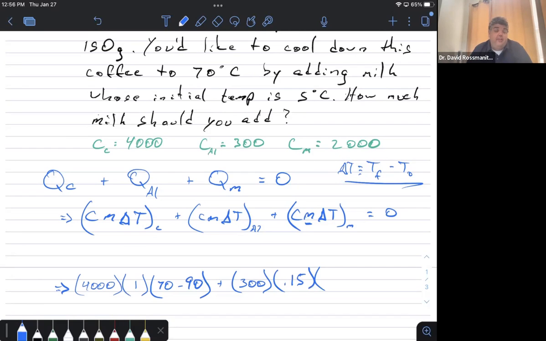That's what calorimetry is all about. The final temperature of all your objects is always the same. So if the coffee has to get to 70, then so does the cup, and so does the milk. So the final temperature of the cup is 70. What about the initial temperature of the cup?